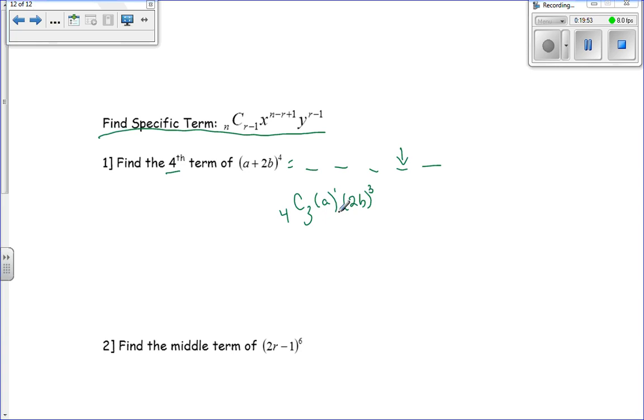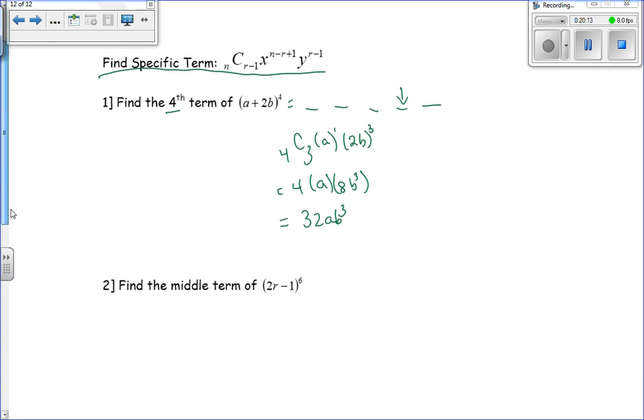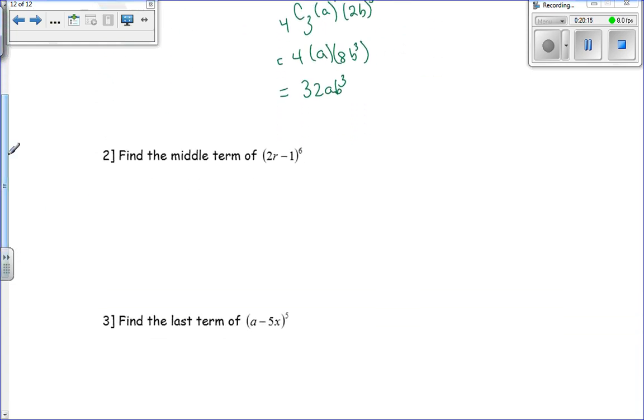Remember, they must add up to 4. So 4c3 is 4, a to the first is a, 2b to the third is 8b cubed. Multiply everything all together, and end up with 32ab cubed. And this is my answer for that one.